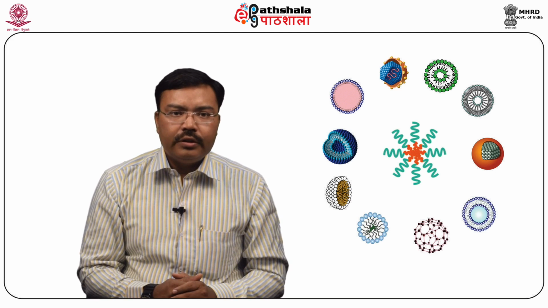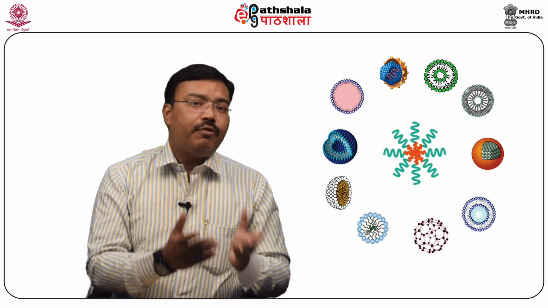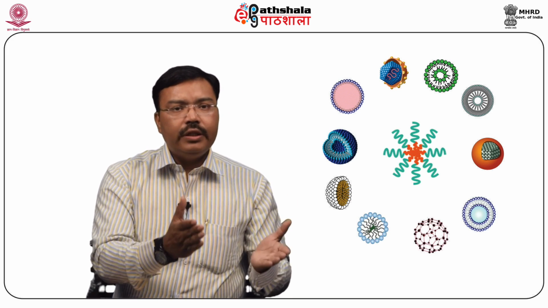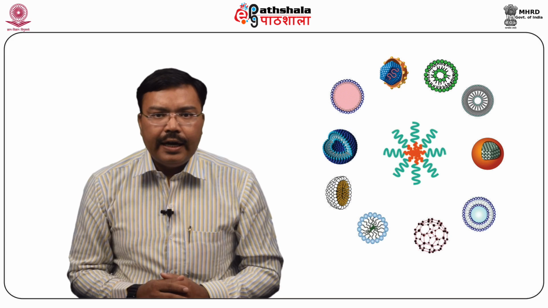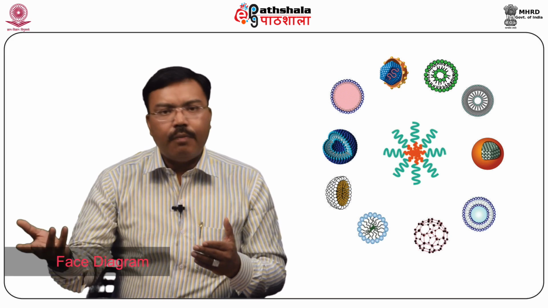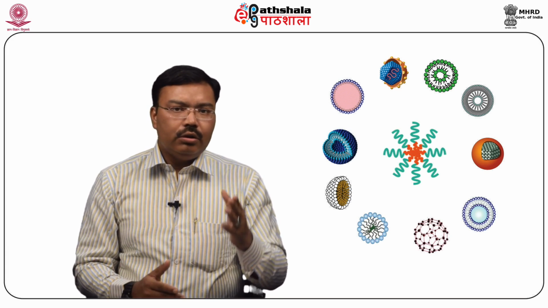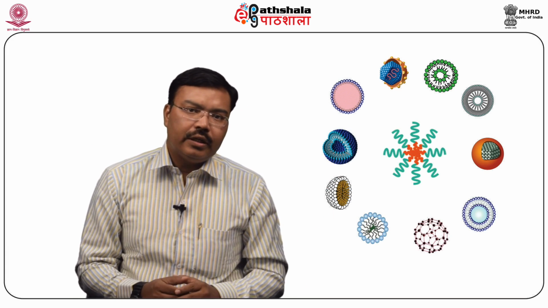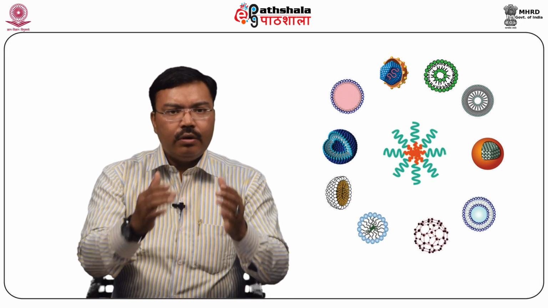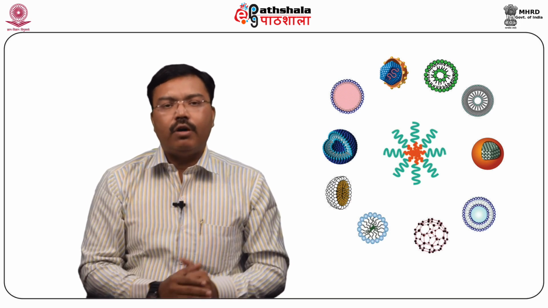The fourth stage is the selection of the optimized formulation. We select the optimized formulation using computer software, and on the basis of graphical or numerical optimization techniques, it is quite helpful in getting one or two optimized formulations.